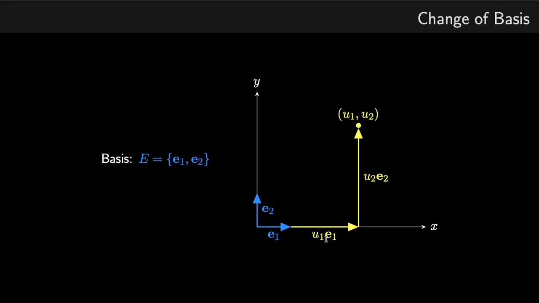So U1 times E1 plus U2 times E2 gets me to my point. So when you think about coordinates, you're actually thinking about what we are multiplying our basis vectors by to give us this position.